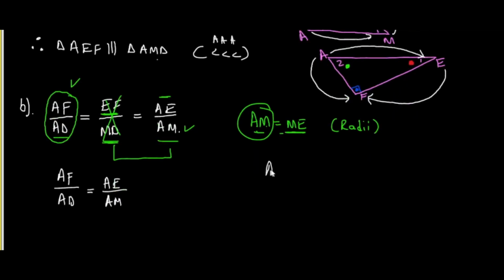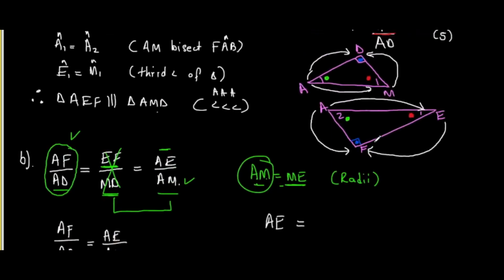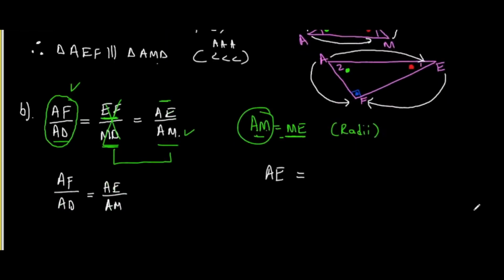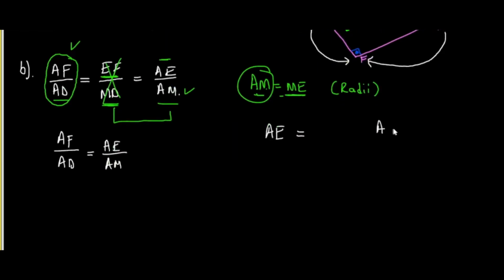What is AE equal to? The length of AE. Look at this. I have the length from A to E, and then this is AME. I'm just going to put it down here. This is AME. And we are saying that these two lines are equal.